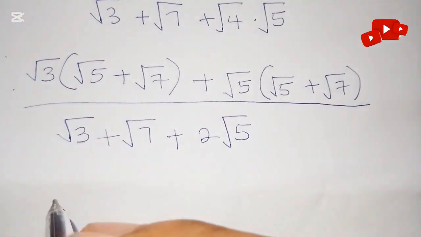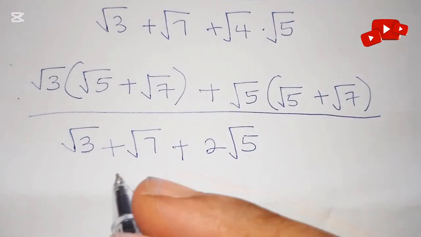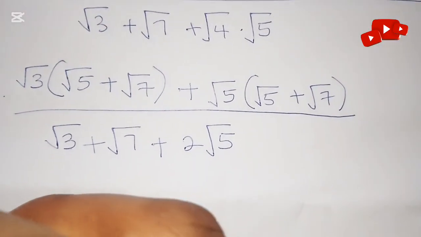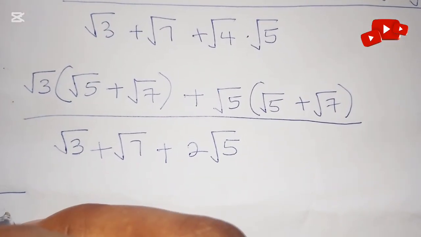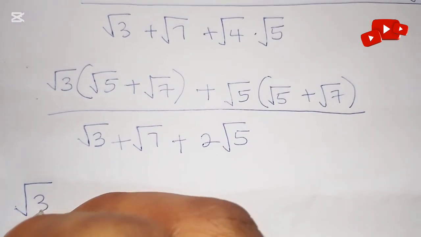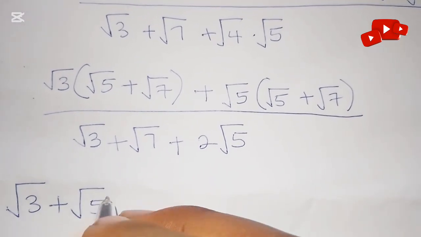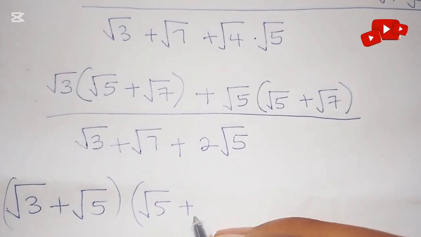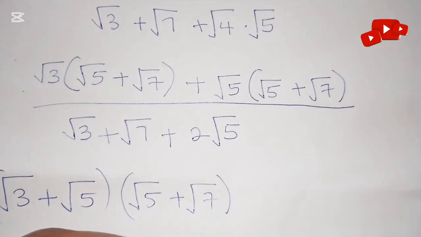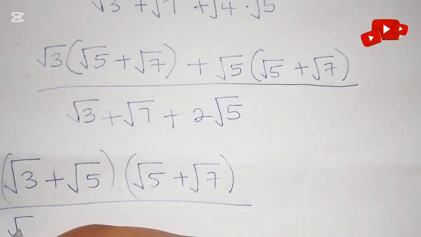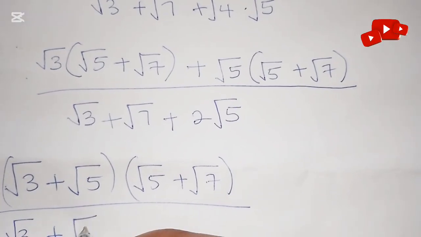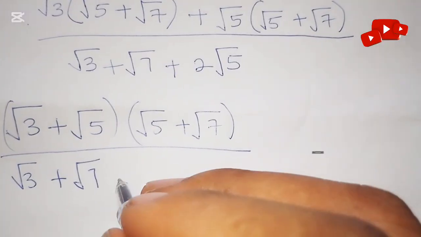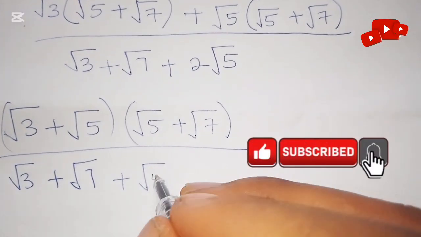Next thing we're going to do, we're going to take those outside and put them in a bracket. And we have this all over. What this means is root 5 in two places, root 5 plus root 5.